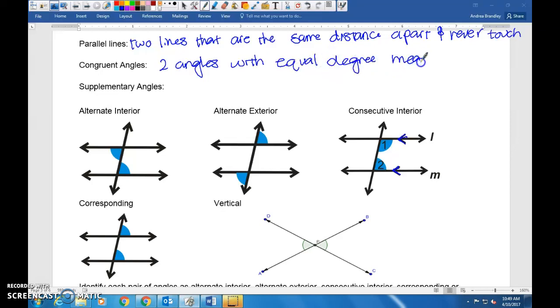And supplementary angles are two angles that add up to 180 degrees.